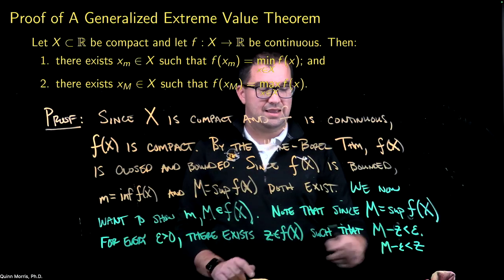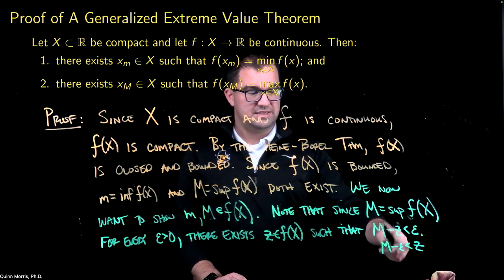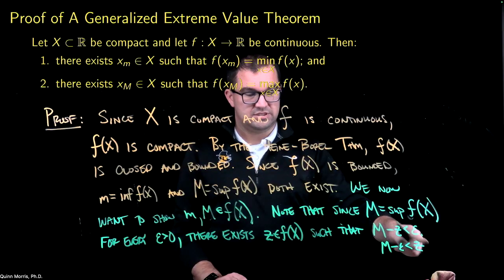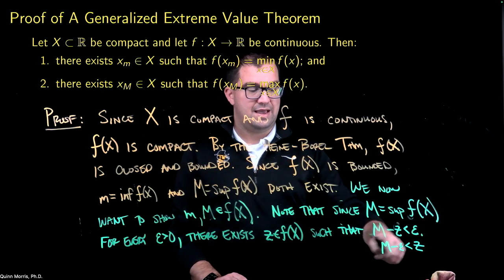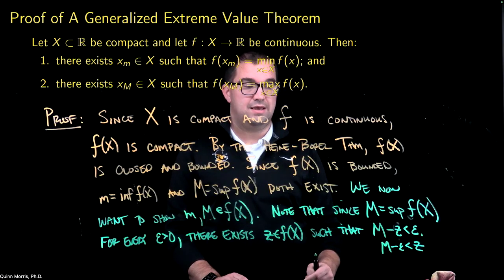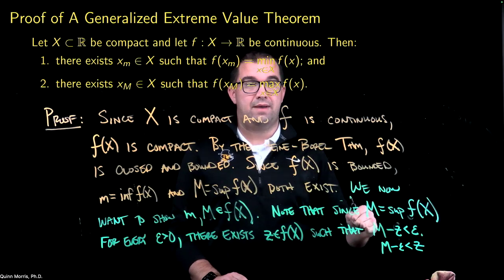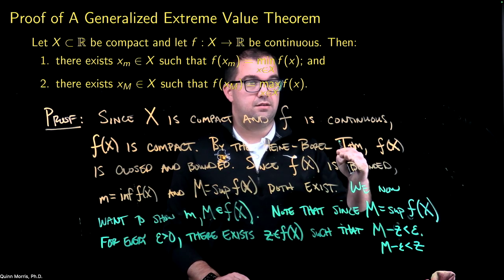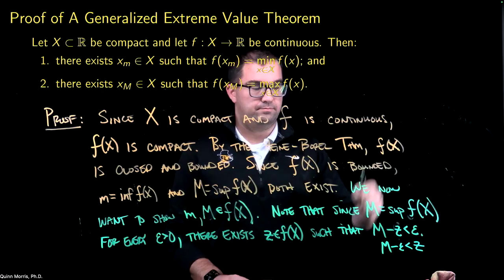There's always going to be something in f of x that's bigger than anything smaller than m, because m is the least upper bound. So anything smaller than m can't be an upper bound anymore.